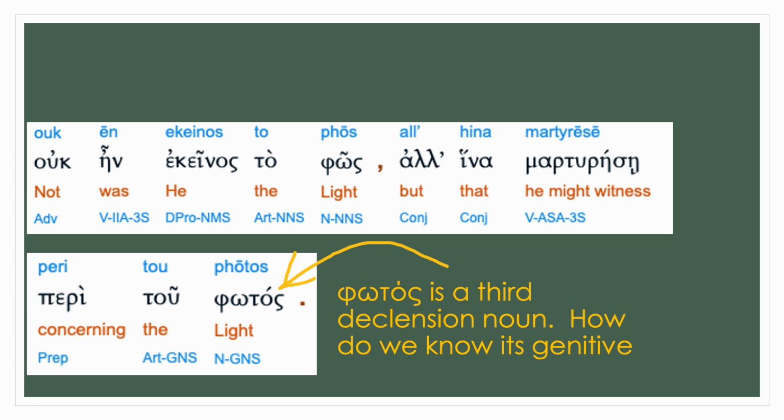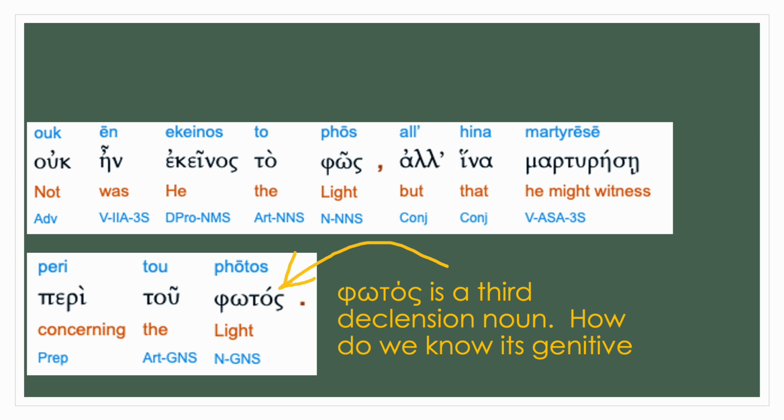You know it's genitive because it has the definite article beforehand, tou, with that omicron upsilon and a circumflex over it. So although it's a third declension noun with a different set of endings, the definite article stays the same and reminds us that it is genitive.